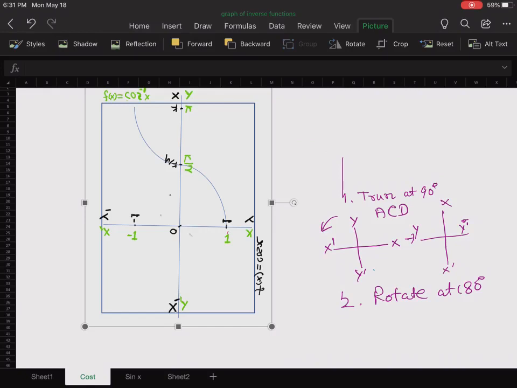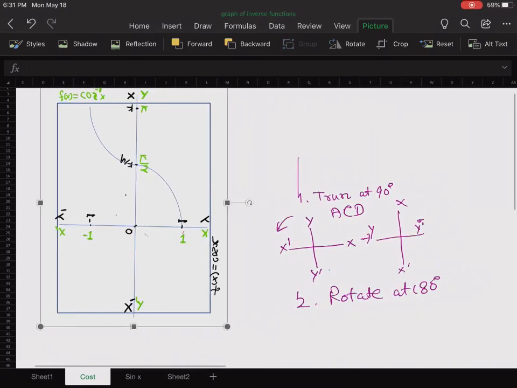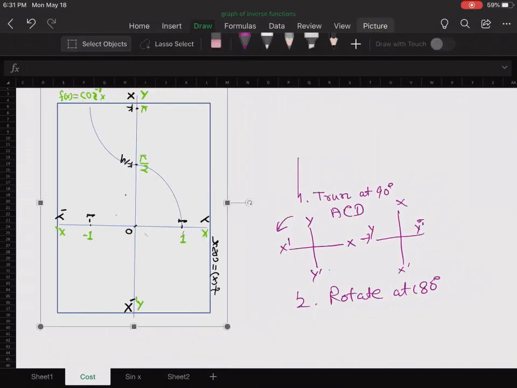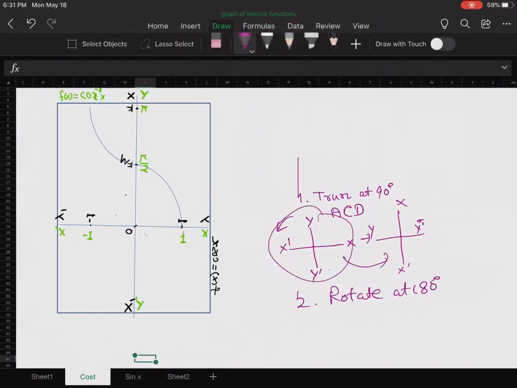I hope you all understood these things, because in the first step the x axis is converted in this way, and in the second step the x axis is above, x dash is below, y is on the right hand side and y dash is on the left hand side, which is what we want.